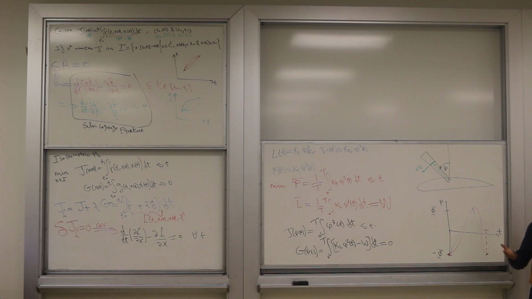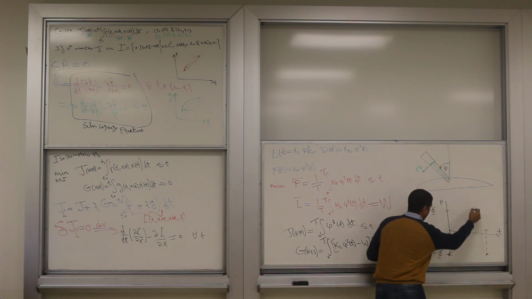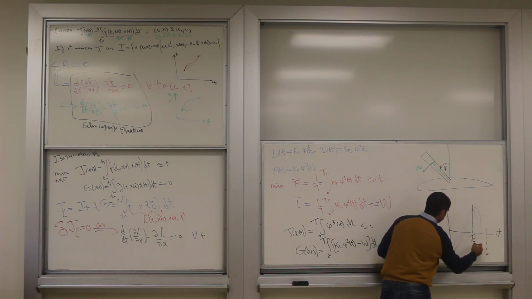There is no privilege for the downstroke versus the upstroke. This is not the case when you're maximizing the forward thrust force, or any other objective. But I just want to go up. Downstroke is exactly like the upstroke. So we're just going to focus on half of the stroke, T over 2.